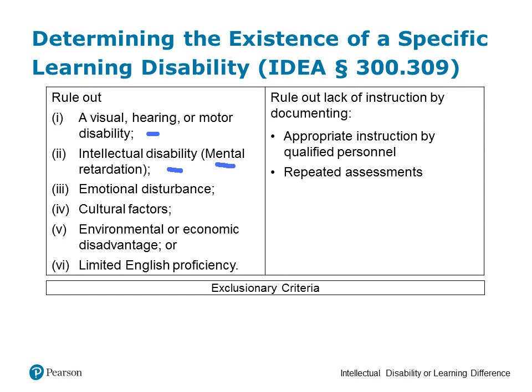You also want to rule out emotional disturbance, cultural factors, environmental or economic disadvantage, and limited English proficiency. And above all else, you want to make sure that if there is below grade level achievement, it is not because the child was not provided with appropriate instruction. So we should be able to document that appropriate instruction was provided.